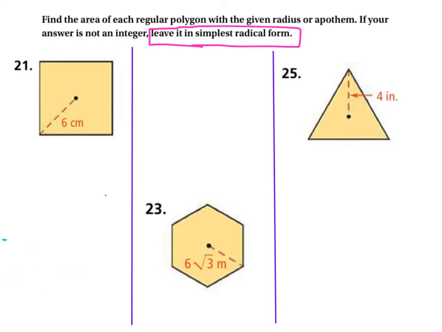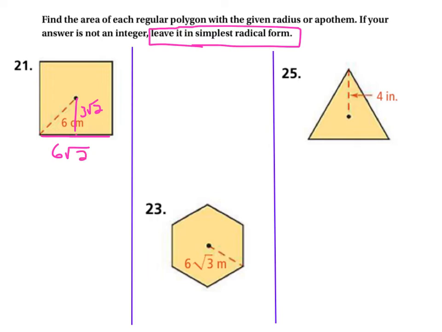We know these lengths are 3 root 2, and that tells us what our side length is. Well, if that's 3 root 2, then this is twice as long, 6 root 2.